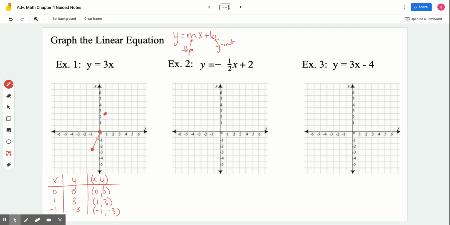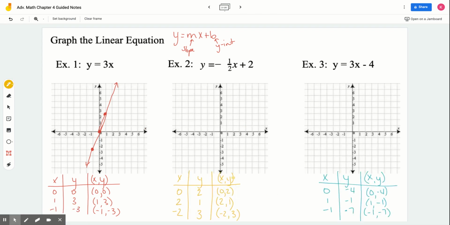Now I can connect these points with a line, which on your paper is going to look much straighter than it is on here. But you can connect those points with a straight line going through both axes to graph my linear equation. Now, go ahead and try numbers 2 and 3 right now on your own by making a table and graphing the equation.